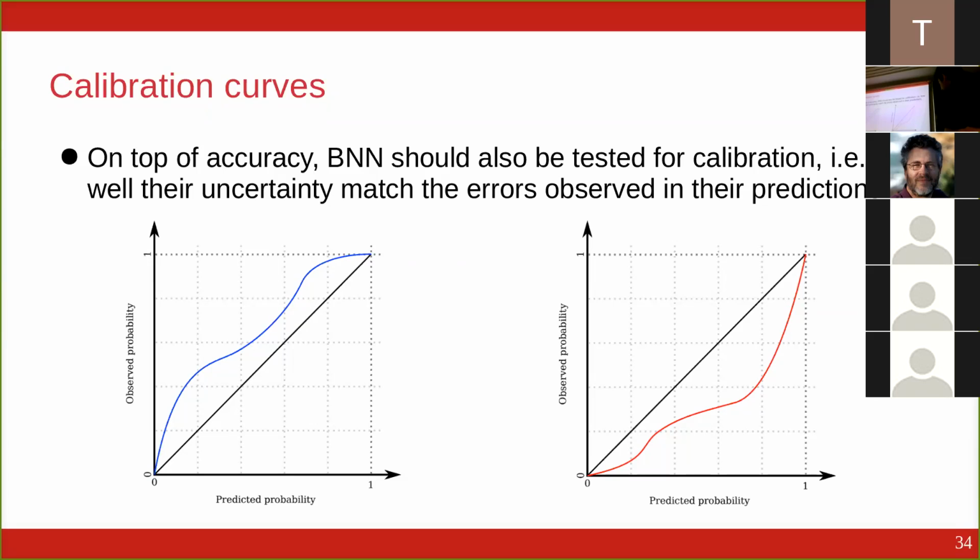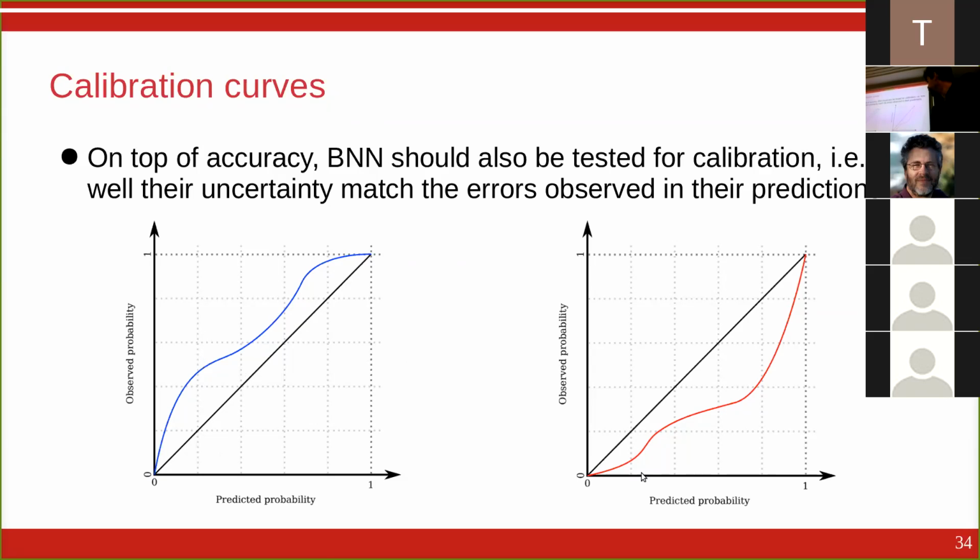The idea is to compare the empirical observed frequency against the predicted probability. If you give a lower probability than the observed probability, then you're underconfident, and this is bad.